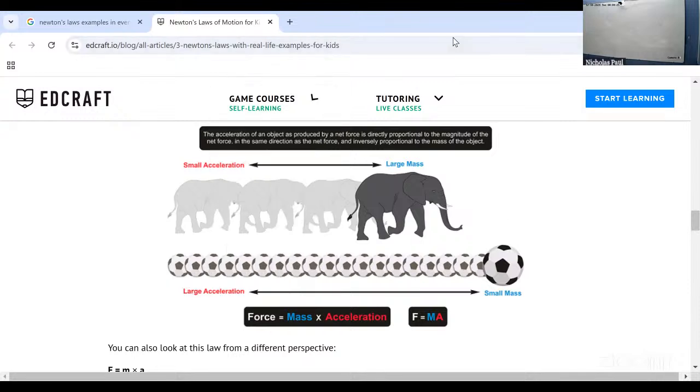Let's play around with some numbers and see if this makes sense. Let's say the elephant has a mass of 1,000 kilograms, and the acceleration is real small, let's say 1 meter per second squared.